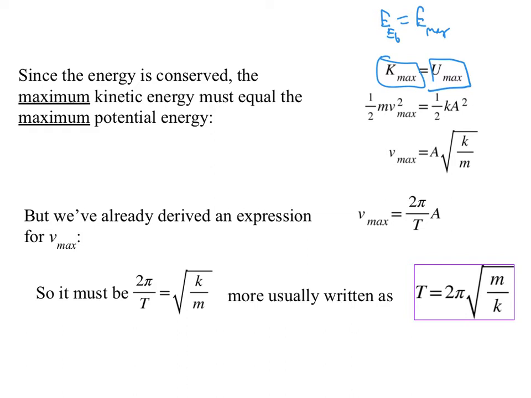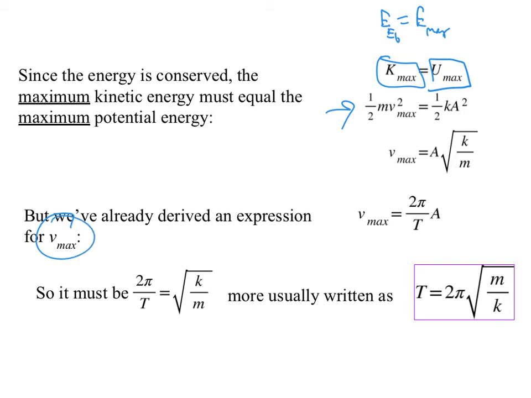So we can say our standard things, the half m v squared equals a half k x squared, but we know that we have the maximum velocity, so v max squared, and the maximum position, which is the amplitude. That tells us that the maximum velocity has to be A times square root of k over m, just simple algebra.